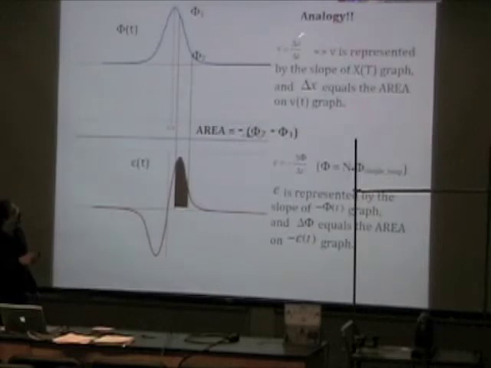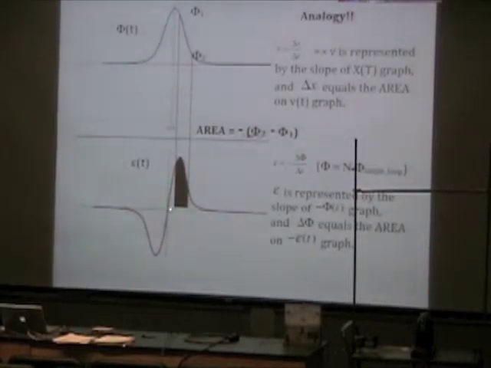For example, remember in PY105 you learned that if velocity equals the slope of the graph of displacement as a function of time, displacement is related to the area of the graph of velocity as a function of time. And the same relationship works for these two graphs.